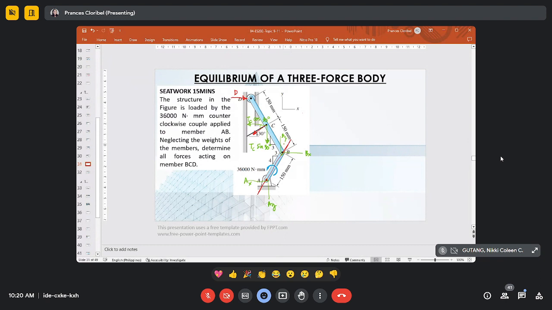That is 1, 2, 3, or 4. Given the resultant, the line of action of the reaction at B and A is always along this line. So if we sum up moment at A or at B, let us say at A, the moment of its forces is equal to 0, since those forces are unknown. 1 and 2.